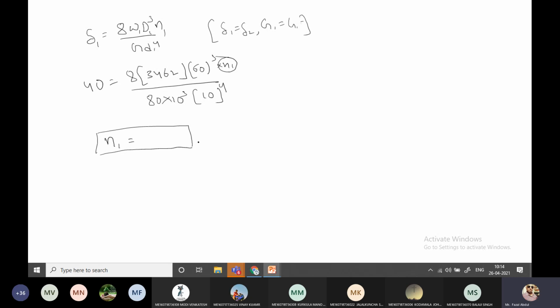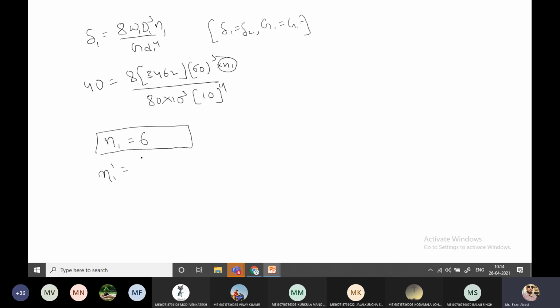So what is it, sir? 5.3? Nothing but 5.3 means I'm taking 6. This 6 is the number of active coils. But I again want the total coils. Total coils means the combination of active and inactive both.